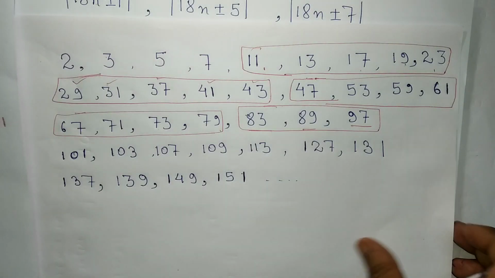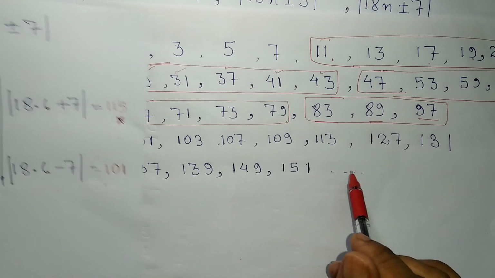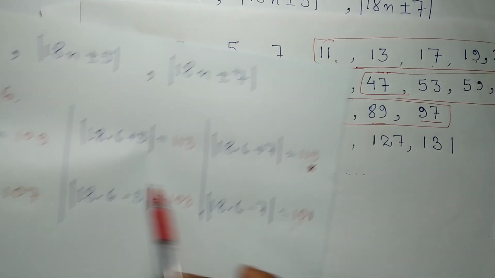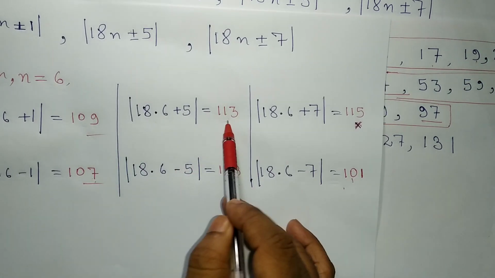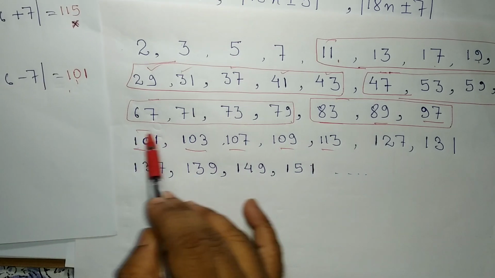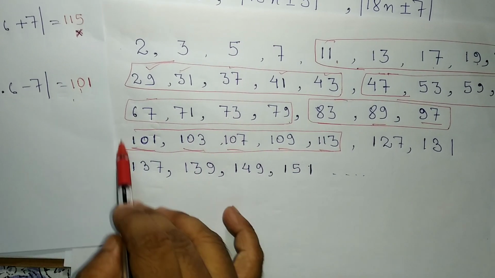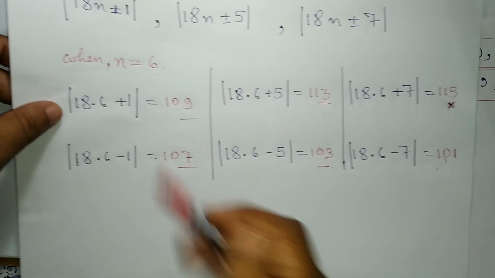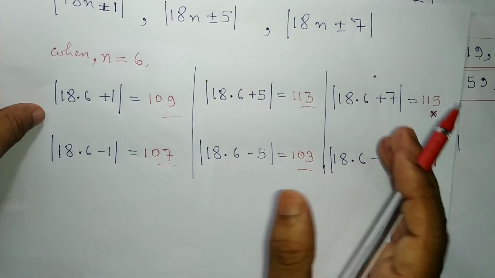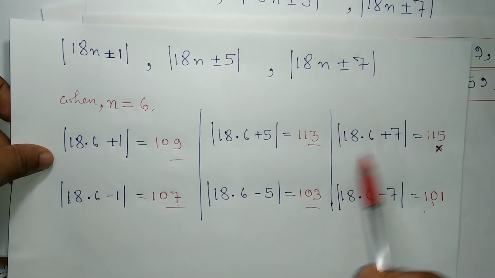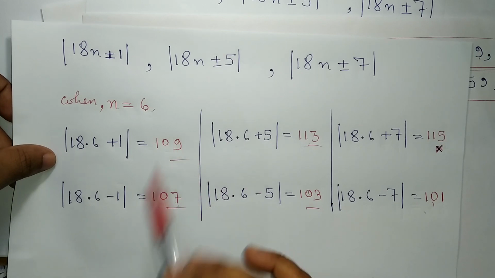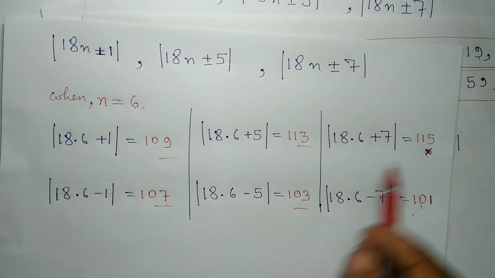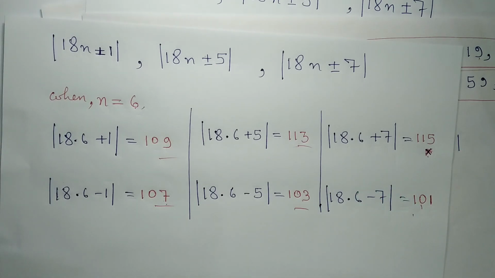If we match with this chart, we get 101, 103, 107, 109, 113, which means all 5 prime numbers are covered here. Clear? This means when we take n equal to 6, the chance of a prime number is very high. Out of 6 outcomes, 5 are prime and only 1 is composite. So it is very helpful for getting prime numbers.